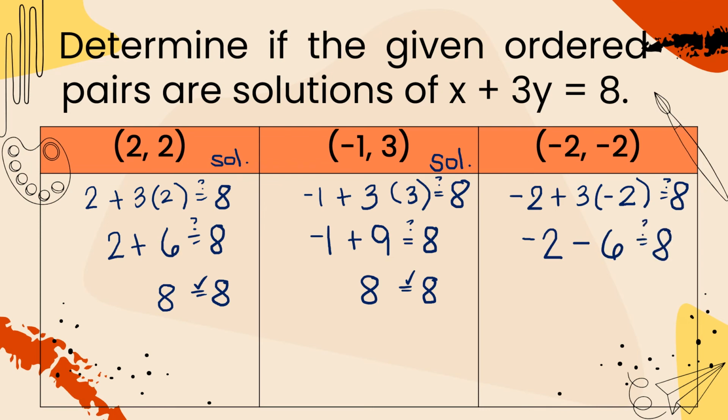And negative 2 minus 6, correct, that is negative 8. Is negative 8 equivalent to 8? Yes, they are not equal. So therefore, negative 2, negative 2 is not a solution of our linear equation x plus 3y is equal to 8.